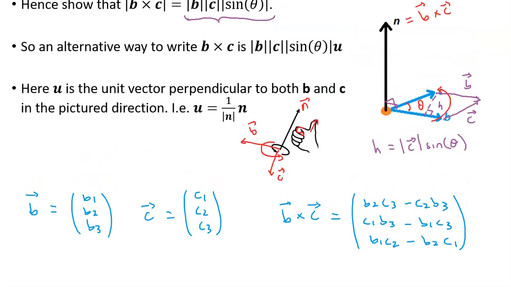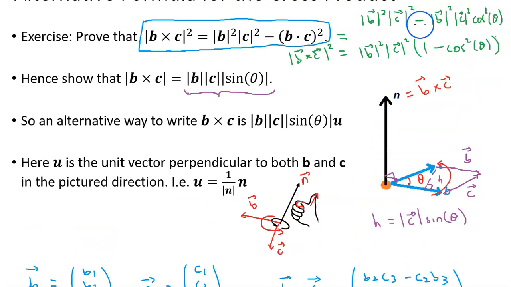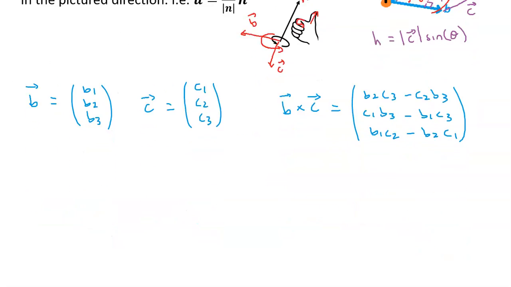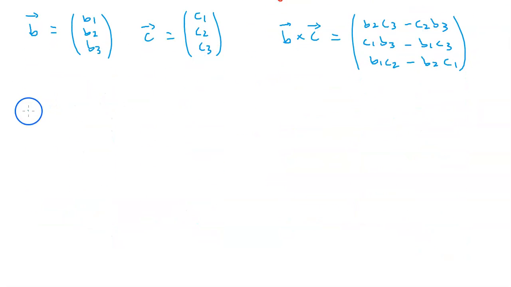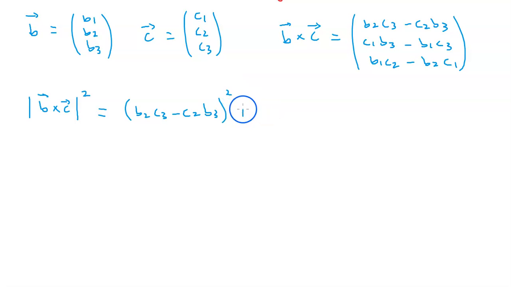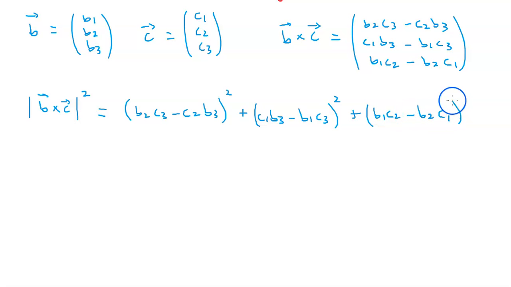Okay, now we're ready to go, so let's calculate the length of B cross C squared. The length of B cross C squared is going to be (B2 C3 minus C2 B3) squared plus (C1 B3 minus B1 C3) squared plus (B1 C2 minus B2 C1) squared.